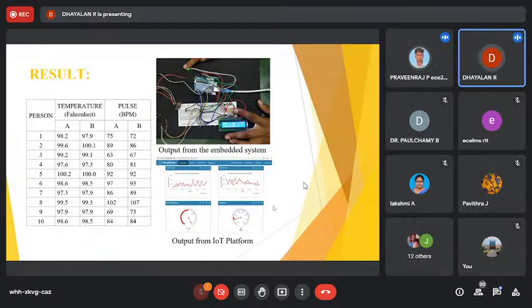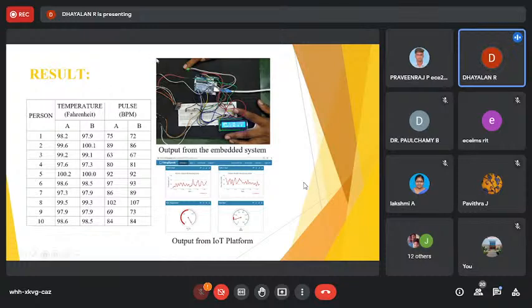We observed the results from 10 persons in a hostel. The A column is the reading of our embedded device, and the B column is the reading which we took from a thermometer as well as a pulse oximeter.